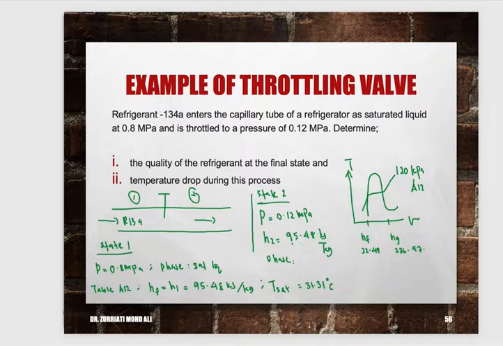So given here, h2 is 95.48. It means that the value of h2 is in between hf and hg. So the phase is saturated mixture.